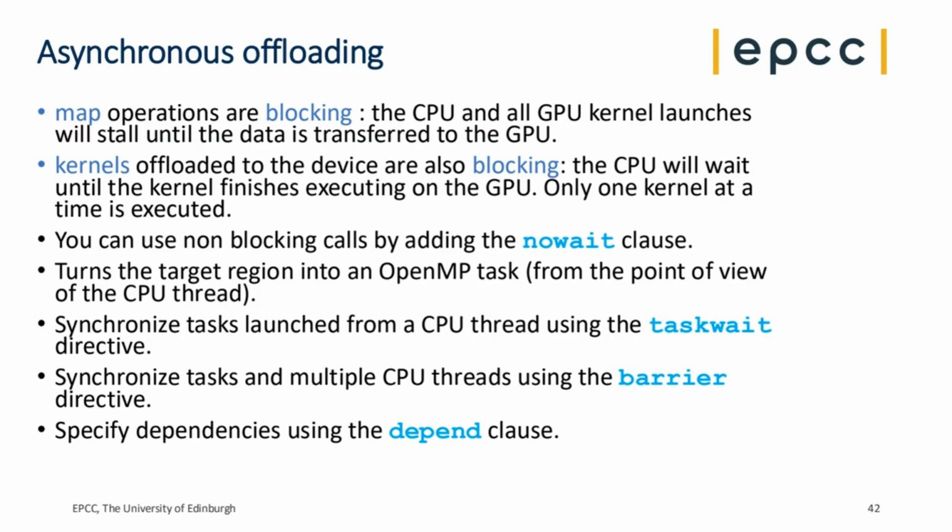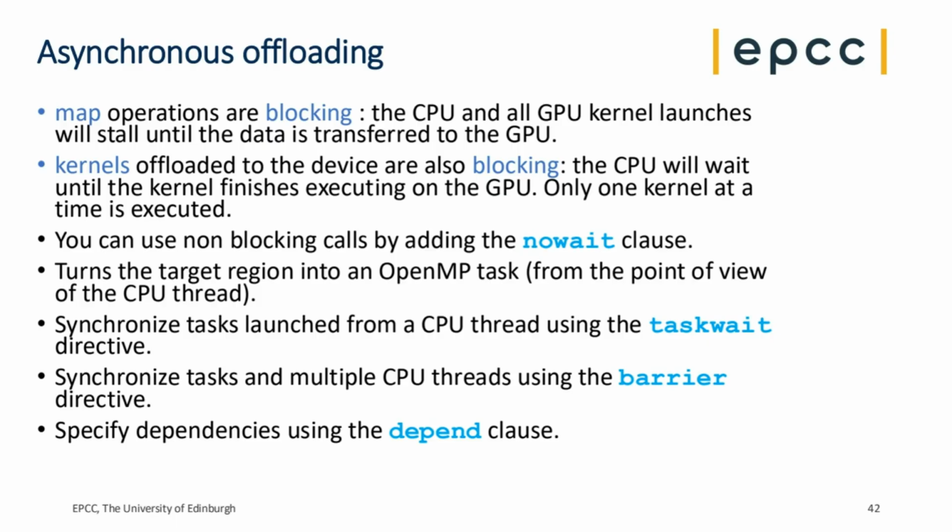But it's possible to add a nowait clause to your target construct, and to say that the host isn't going to block on the mapping of data and is free to do other work. And when the CPU has done that work, it wants to check whether the work it scheduled on the GPU is completed, and then you can do a taskwait.